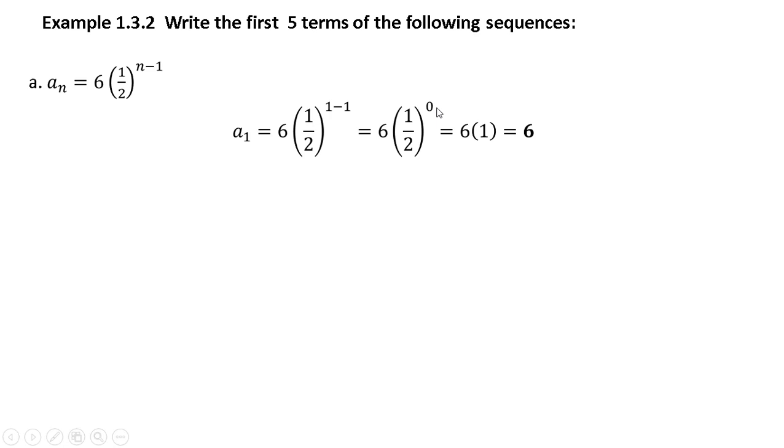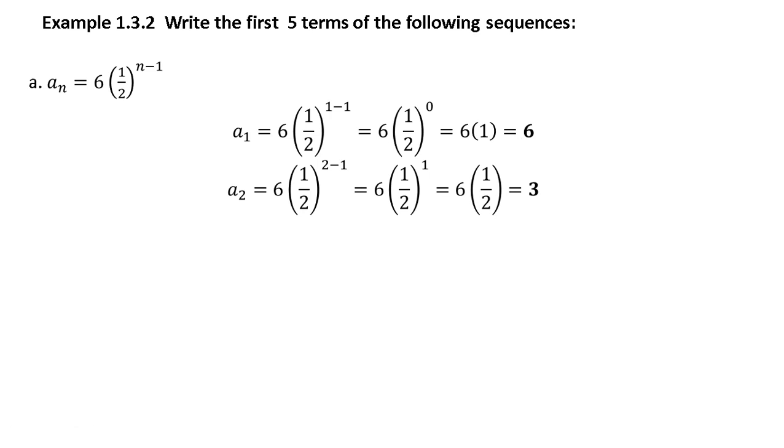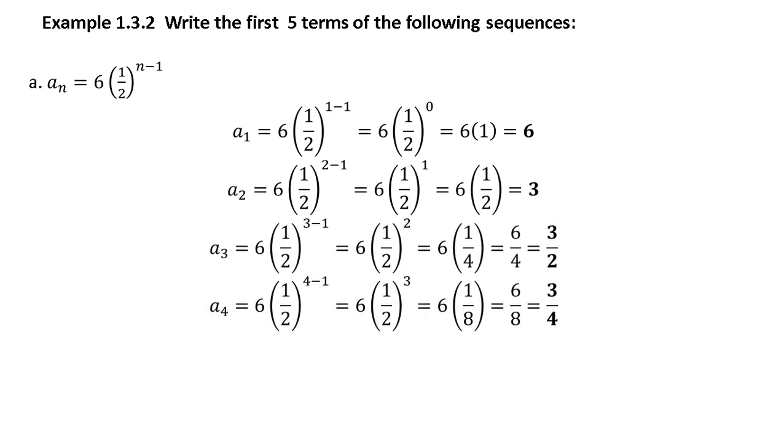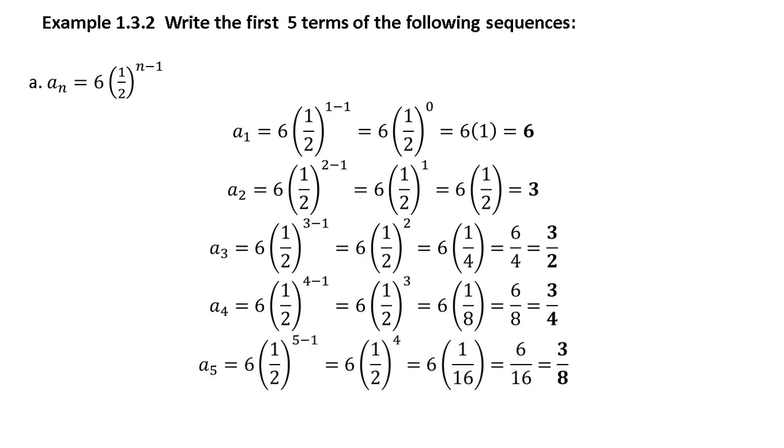Any number with an exponent of 0 is always equal to 1. So that's why 1 half to the power of 0 is 1. So 6 times 1 is 6. Using the same process, we'll get the values of a sub 2, a sub 3, a sub 4, and a sub 5. Okay, so we have here the 5 terms of the geometric sequence: 6, 3, 3 halves, 3 fourths, and 3 eighths.